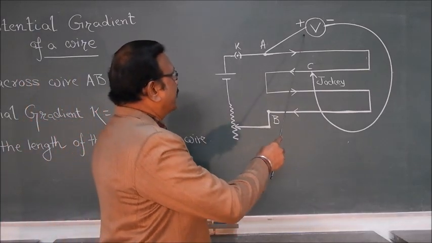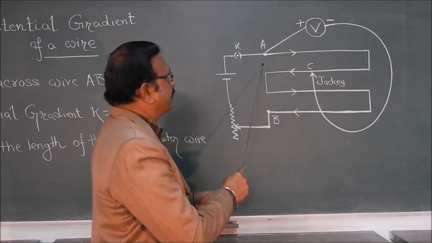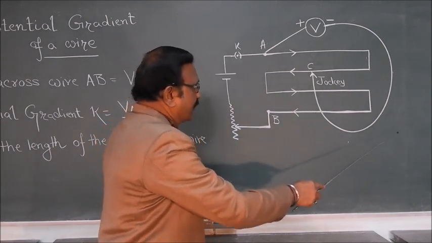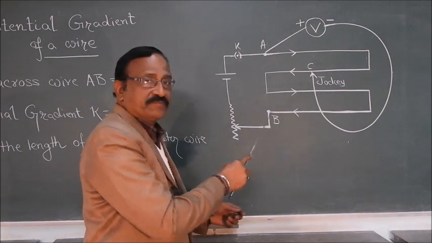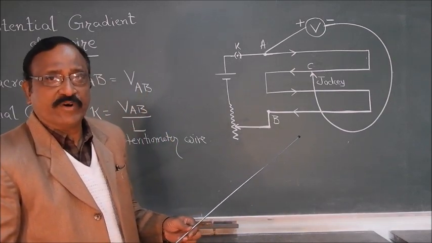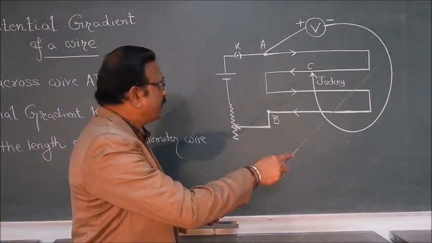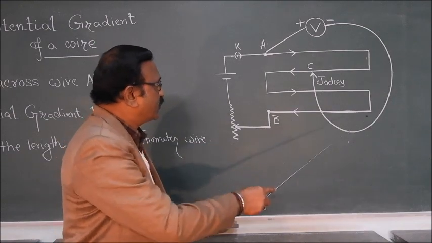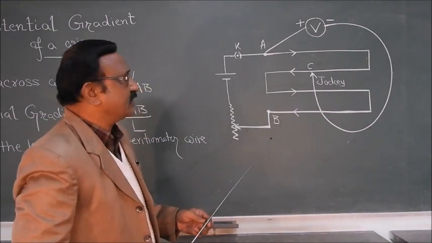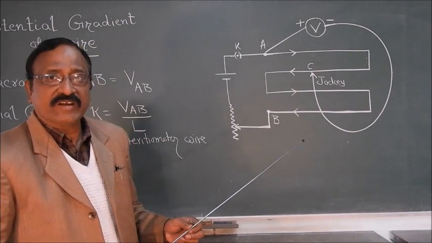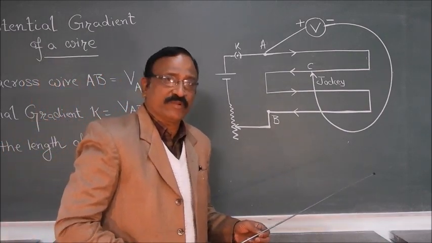A voltmeter is connected whose positive terminal is at A and the negative terminal is connected with a jockey. The jockey is a movable point. We can touch the jockey at any place on this potentiometer wire and it will tell us the potential difference of the wire at that particular point.